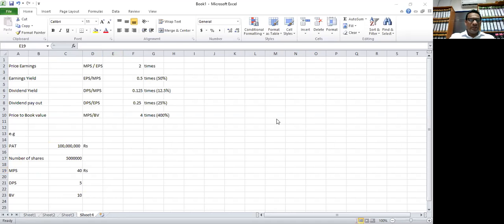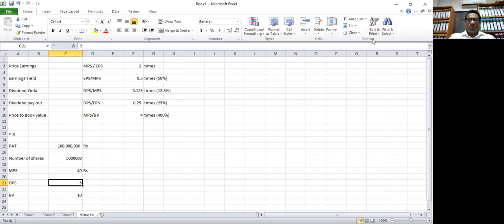Dividend yield means, for example, if a shareholder invests 40 rupees, as the market price is 40 rupees, and he is only getting dividends of 5, what is his dividend yield? He invests 40 but gets a return of 5. His return is only 12.5%.